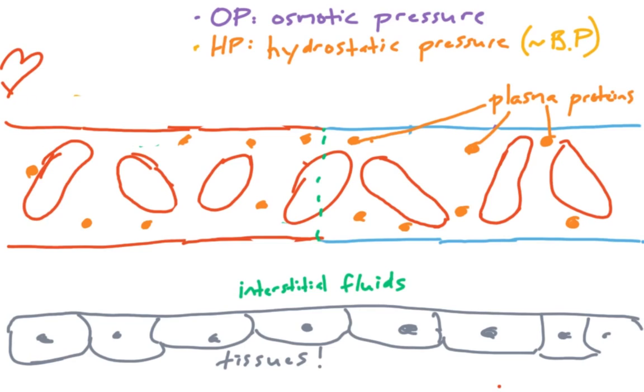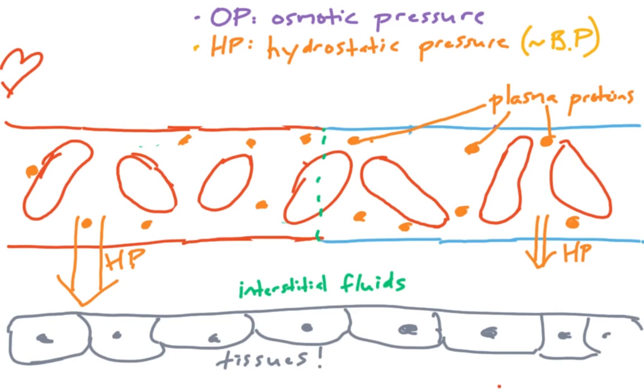And so what we're going to find is that there are significantly higher hydrostatic pressures on the arterial end of things. And those forces become significantly smaller on the venous end of things. A lot of that pressure is lost with regard to this exchange, right? We've lost a little bit of water, we are further away from the heart, so pressure deteriorates in that regard.